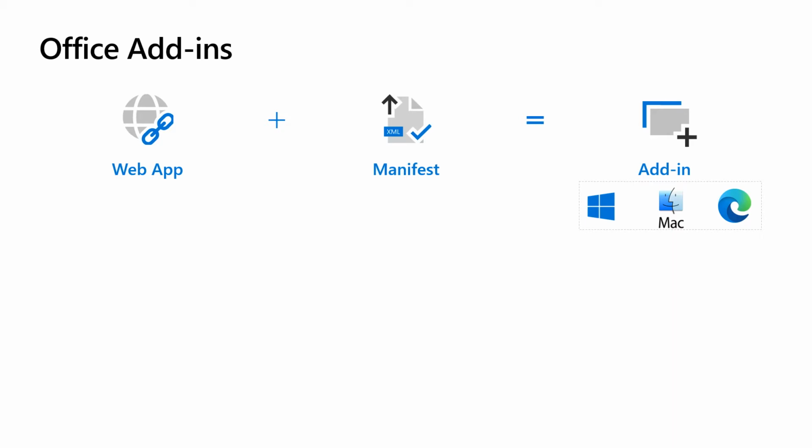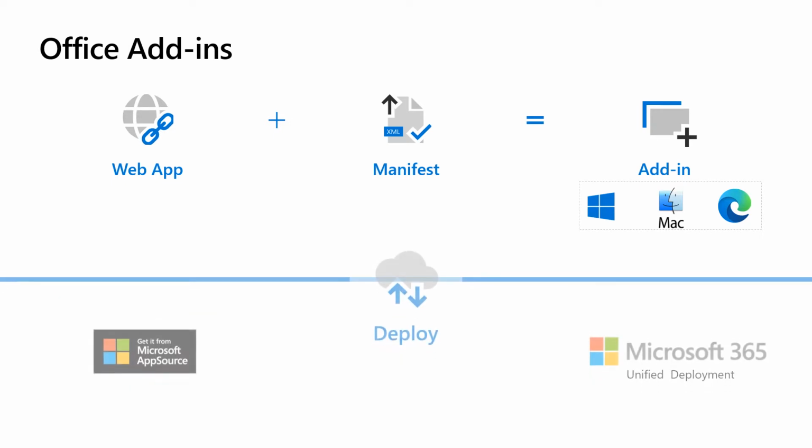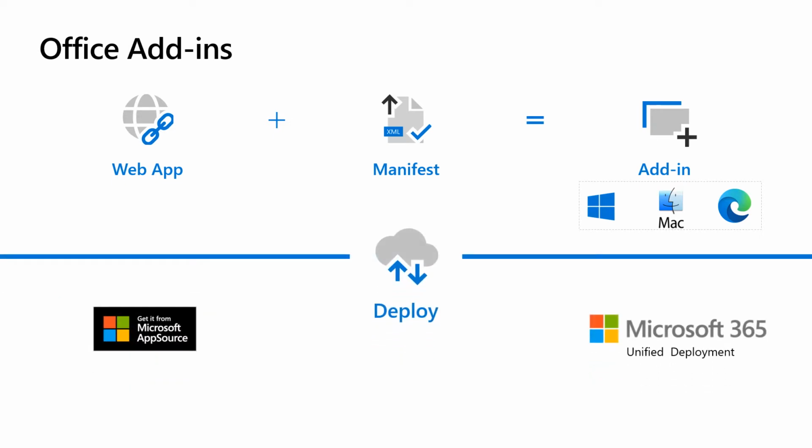With our JavaScript APIs, you write it once, and this will run everywhere, across Excel for Windows, Excel for Mac, and Excel for web. Once you've created your add-in, it can be made available on Microsoft AppSource, and can be deployed by IT admins to their organizations.